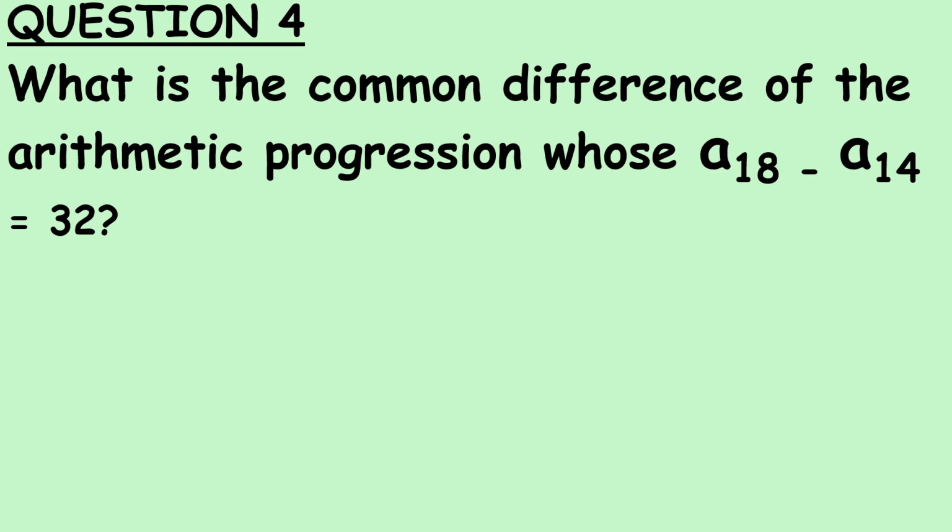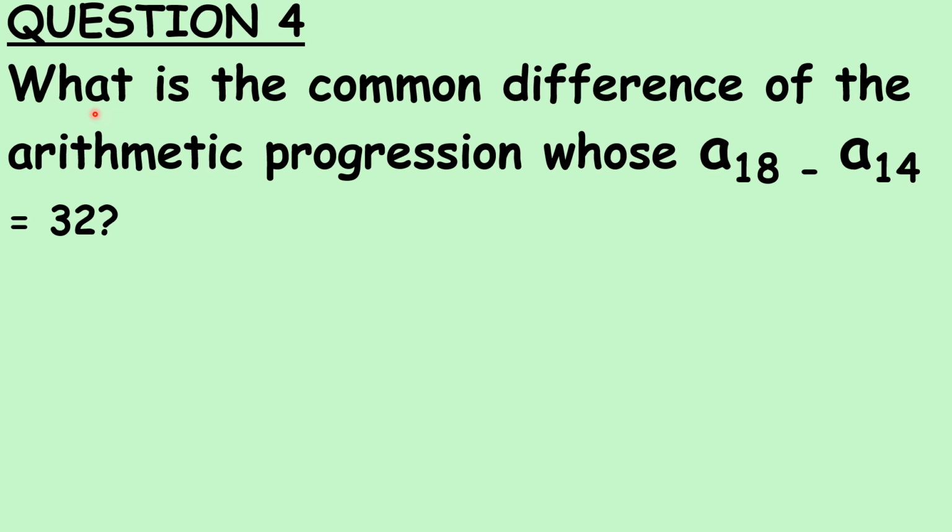So this question says, what is the common difference of the arithmetic progression whose A18, that is the 18th term, minus the 14th term gives us 32? I read again.